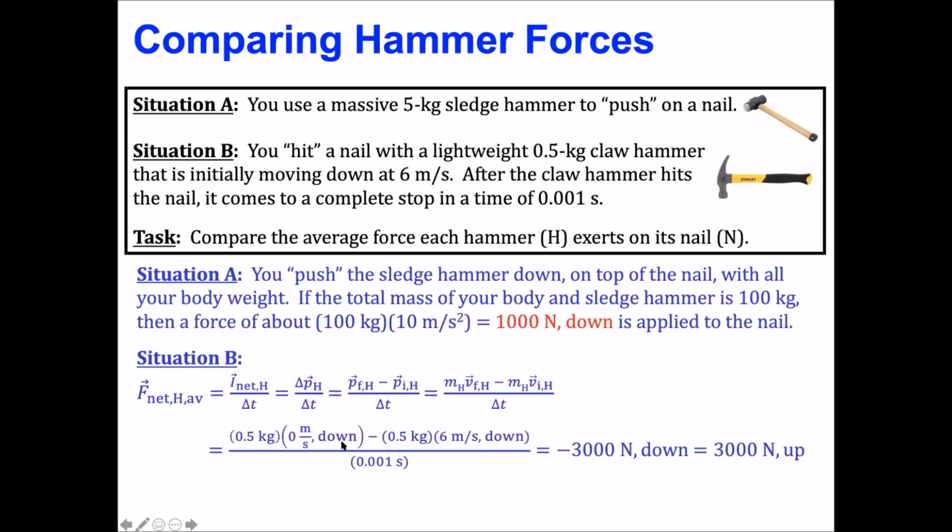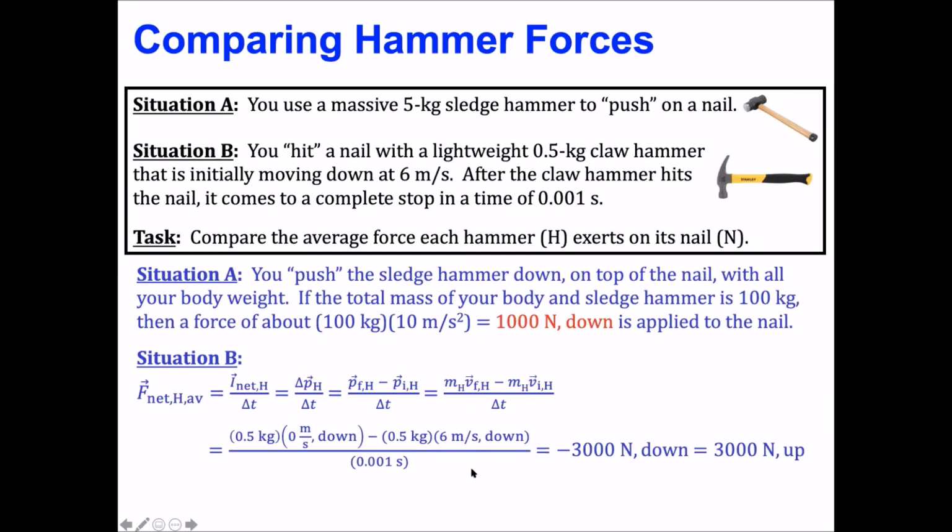Even though the final speed is 0 meters per second, let's assume that the velocity has a direction associated with the downward motion of the hammer. And then likewise, the initial momentum of the hammer is going to be its mass times its 6 meters per second speed in the downward direction.